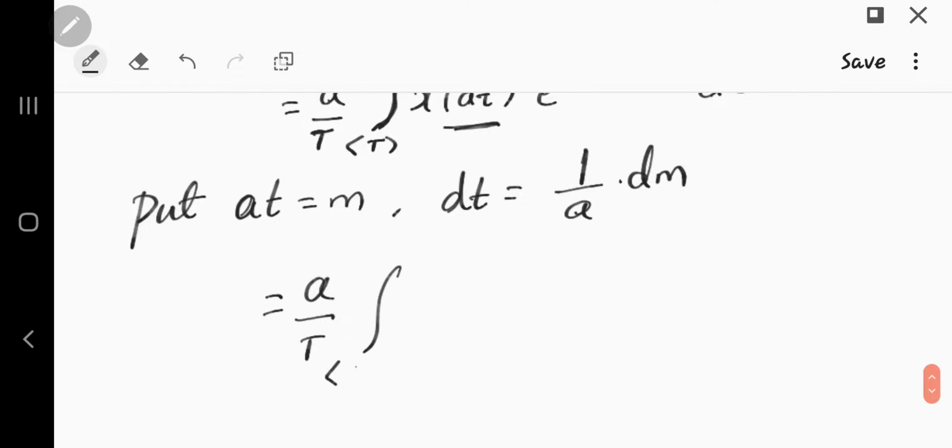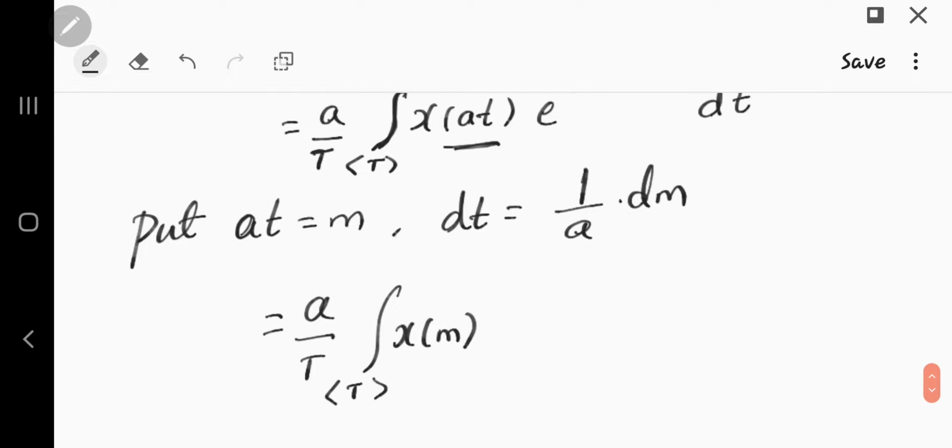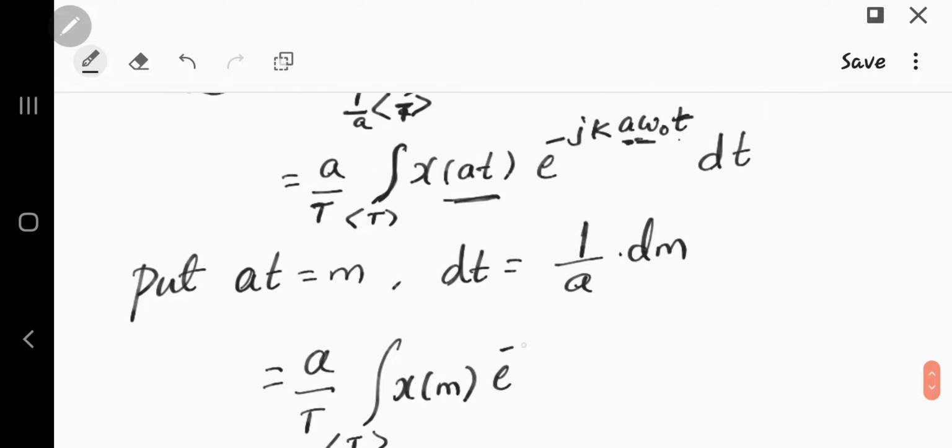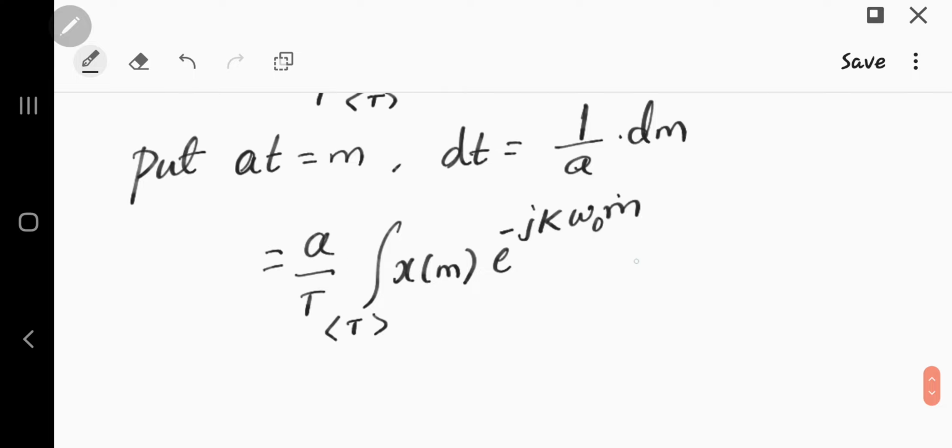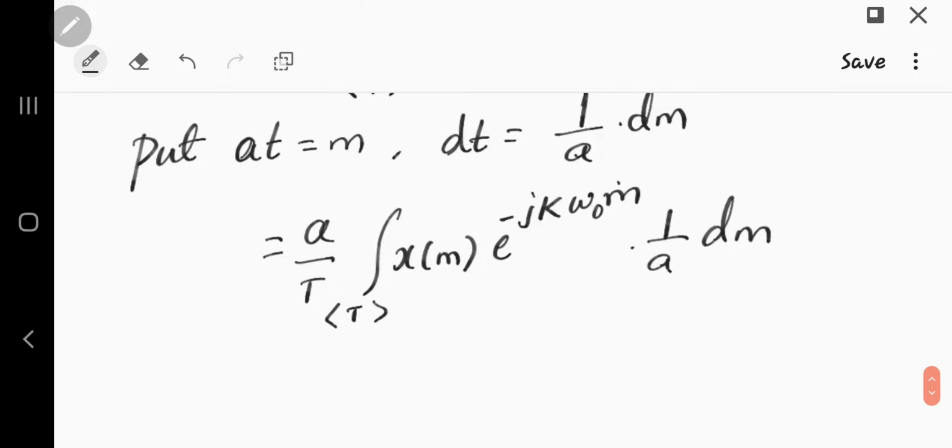So x of at will become x of m, and e power minus j k, I'm writing omega naught first, this a and t combined together I can replace with m, into 1 by a dm.